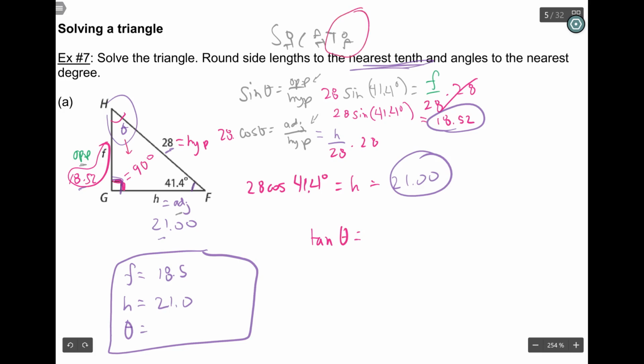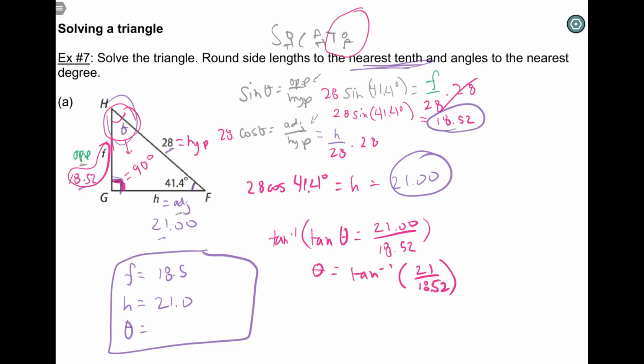So opposite of that side is 21, divided by the adjacent of this angle, which is going to be the 18.52. So I have my ratio, I can do tan inverse of the whole side, and theta is tan inverse of 21 divided by 18.52. This is looking pretty ugly.